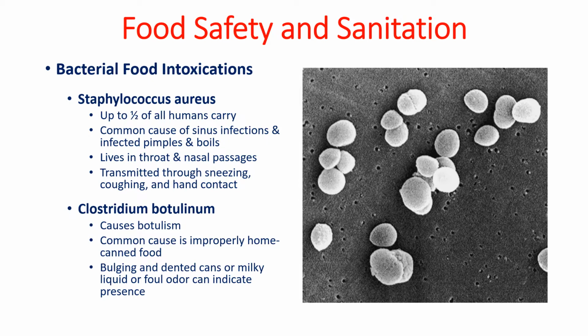They don't suffer any illness. It can be a common cause of skin infections and acne and those sorts of things. But it's a very harmless bacteria unless it gets onto food and is allowed to grow.